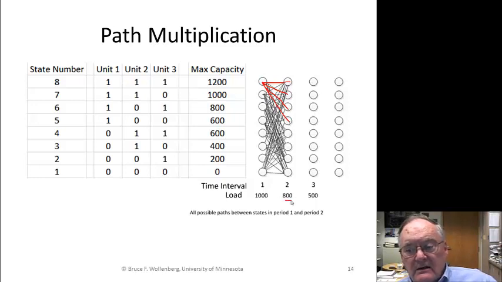If this is 800, well, once I get down below here, these are all infeasible. But if I'm just doing brute force enumeration, let's enumerate them all, and so there's all the transitions from this first state. If I were in this state to begin with, I got to do it all over again.